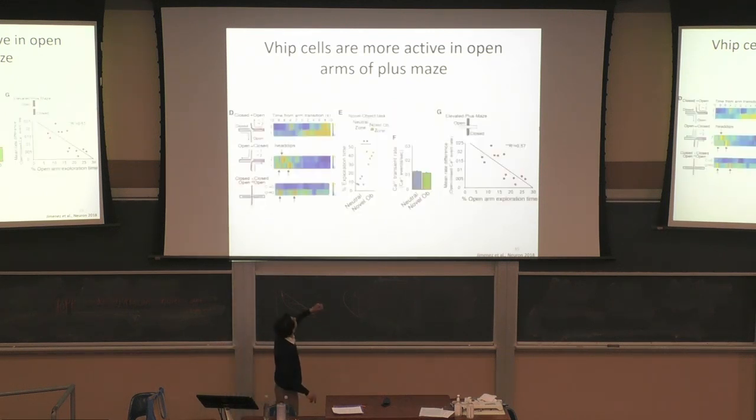And then they looked also at the other sorts of transitions, like what happens when the animal goes from closed to open or open to closed, etc. So for each little row, you see there's a number 1, 2, and then that transition is what's plotted in the color plot.